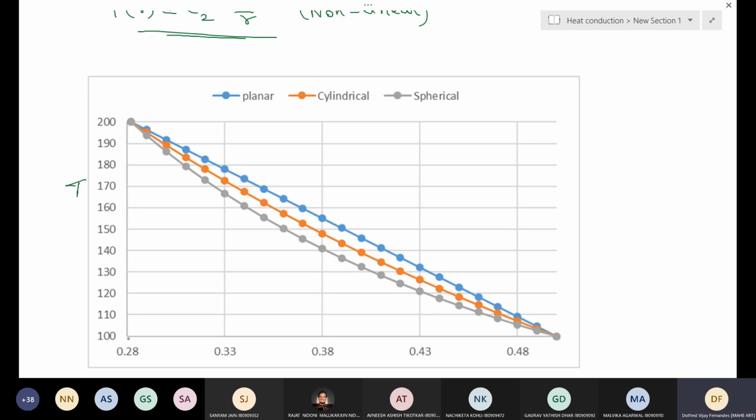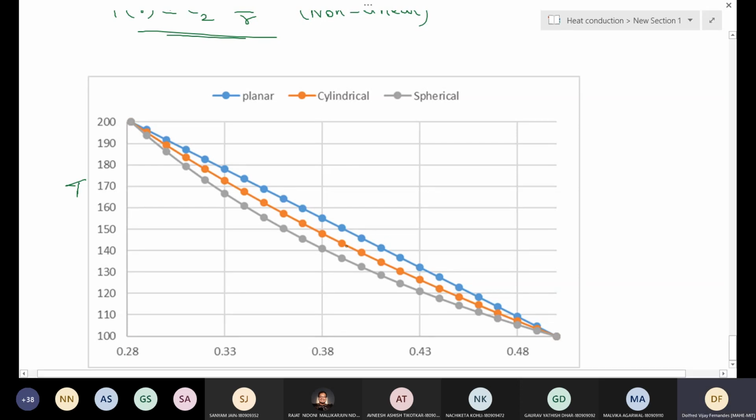That means entire theta and phi, theta 0 to 180 degree and phi from 0 to 360 degree. For that you can calculate the radius, take the same inner radius, give some thickness to the wall, maintain some temperature across the wall, and do the calculations and compare these results.